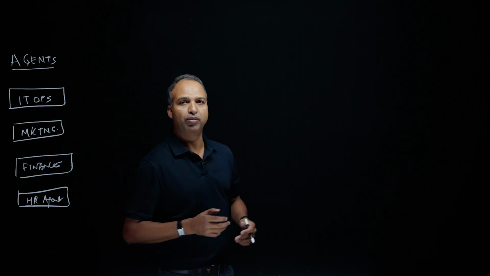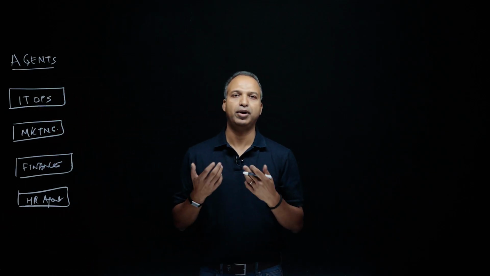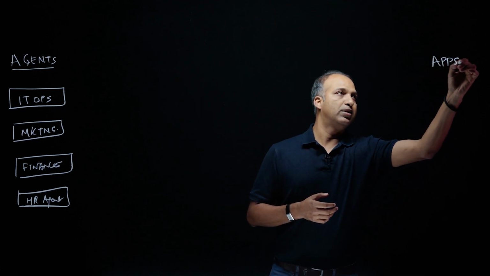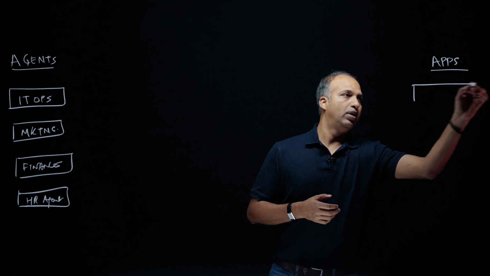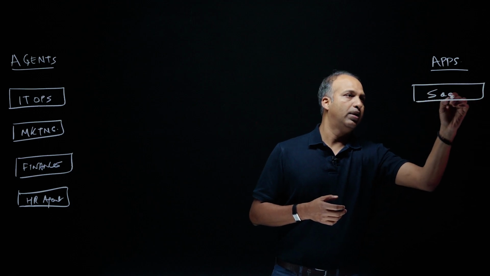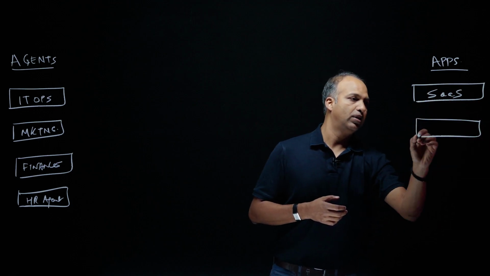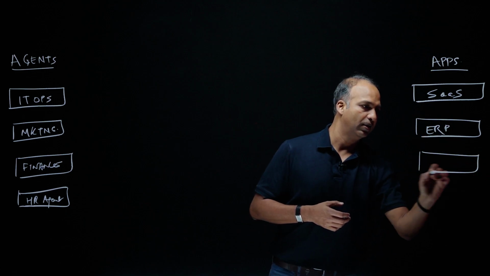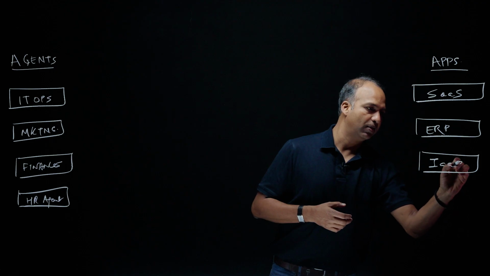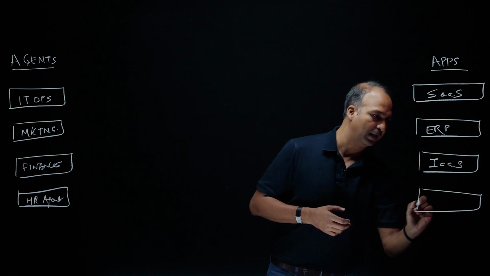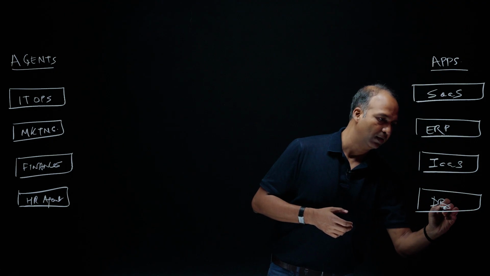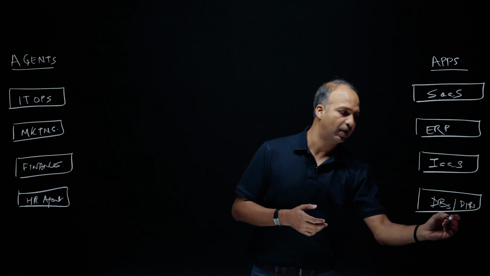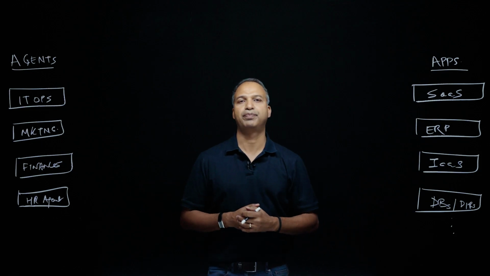Now, as you continue to build these agents, the purpose for these agents is to talk to enterprise applications. This could be your SaaS apps, ERP applications, infrastructure as a service applications. It could be databases. It could be directory systems and any and every other application which you can think of.